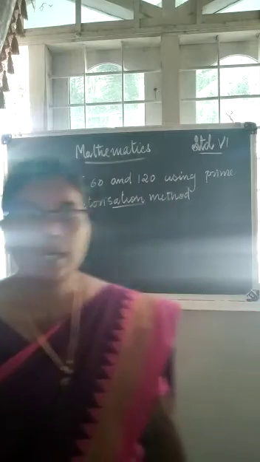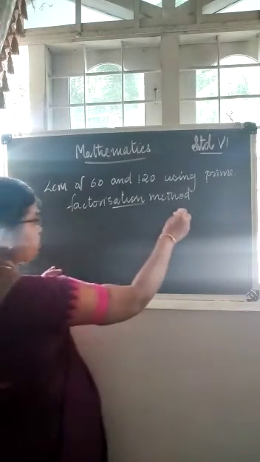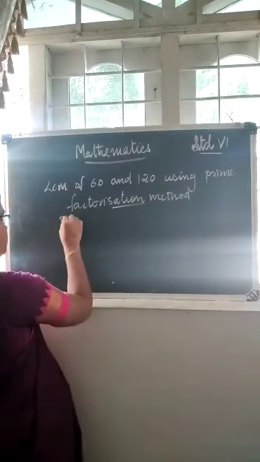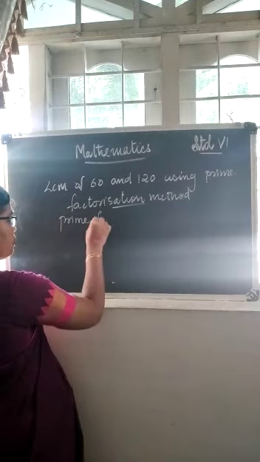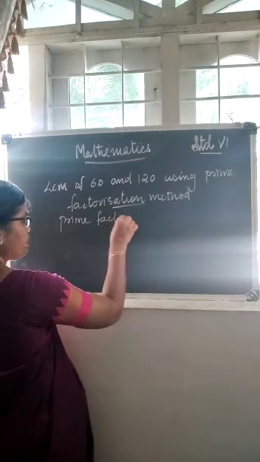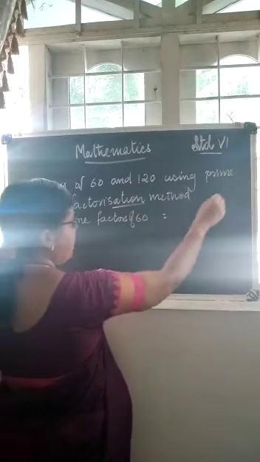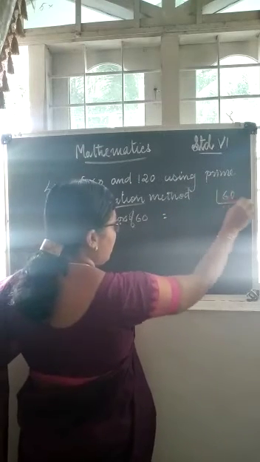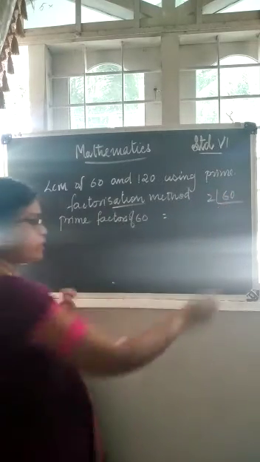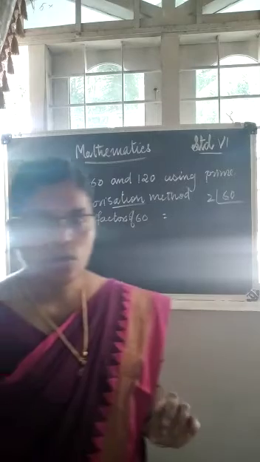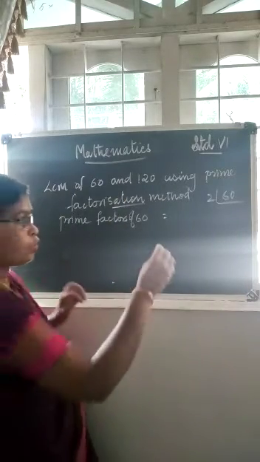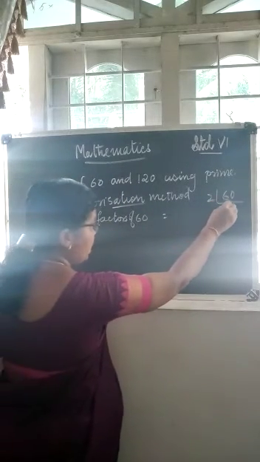Let us write the prime factors of 60. We can divide it by 2 because ones place it is 0. 2 in 6, how many 2's? 3.